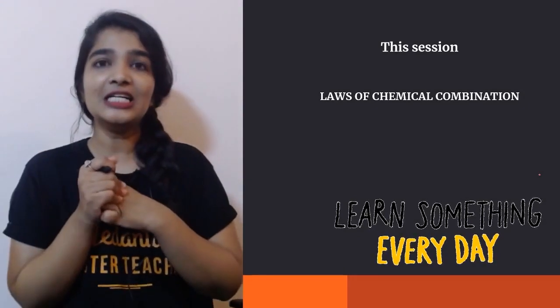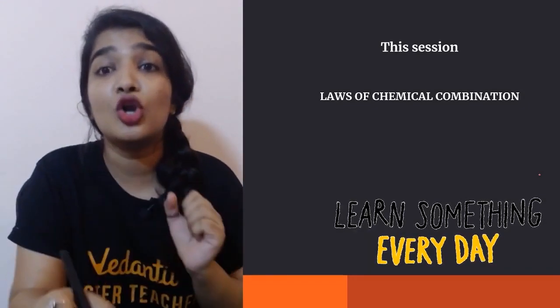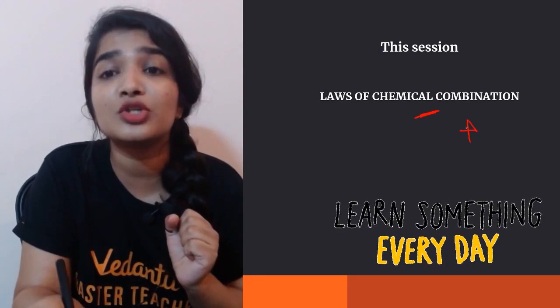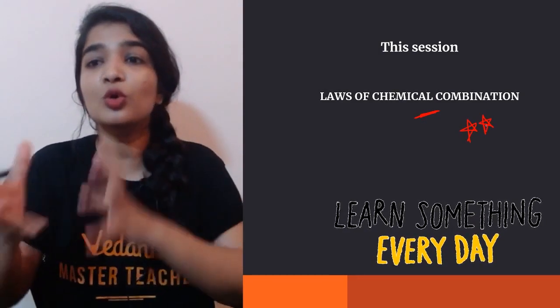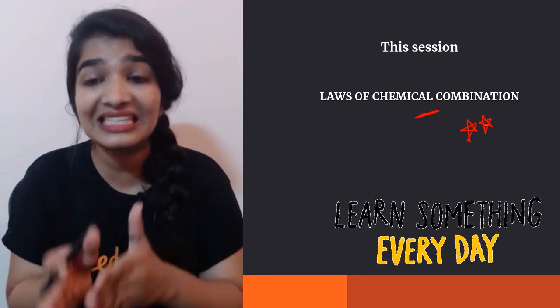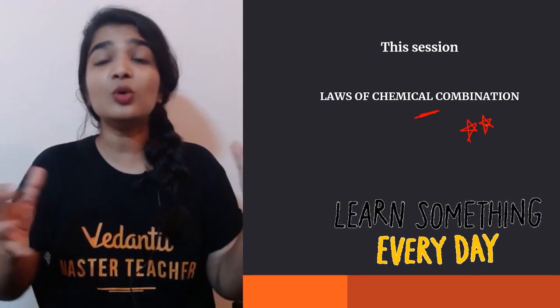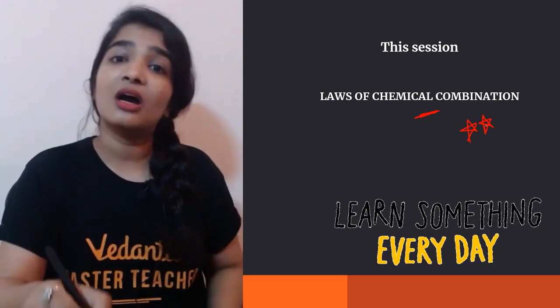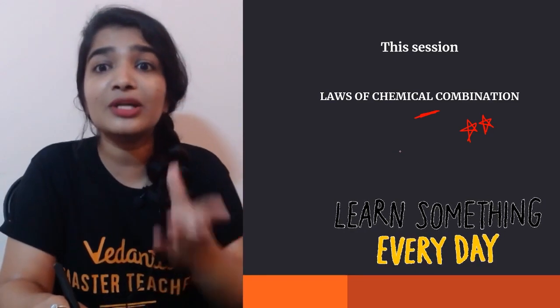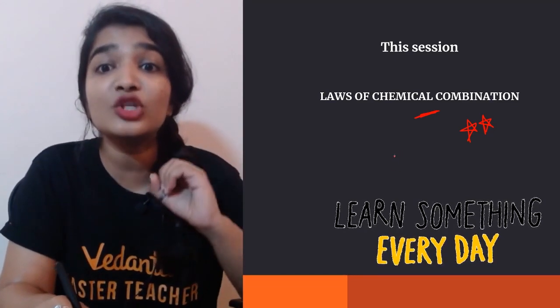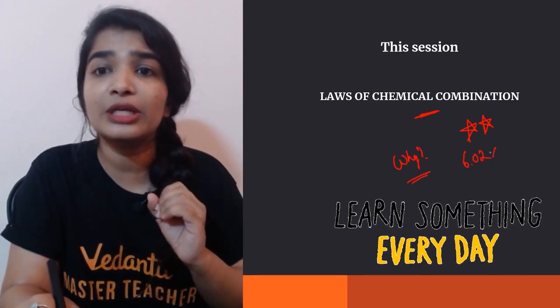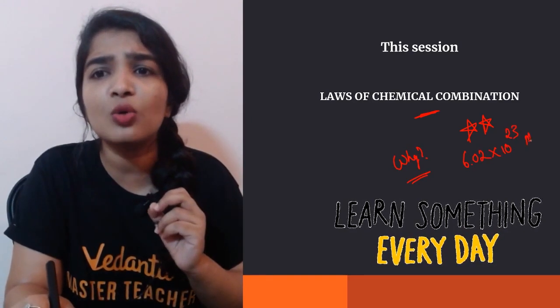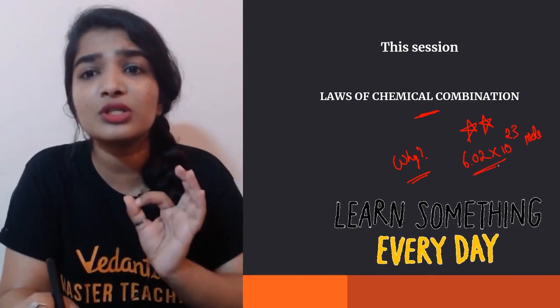Okay, so what did we learn in this session? We studied about the laws of chemical combination, which is super important. See, when you know the reason behind why it is happening this way only, then you won't have any confusion when you're writing. When you're balancing an equation, now you know the reason. Why should you balance? And we are writing 6.023 into 10 raised to 23 molecules only. Why it has to be 6.02?